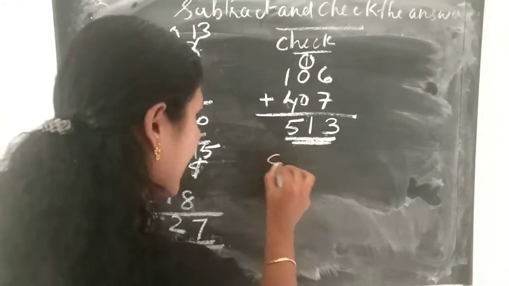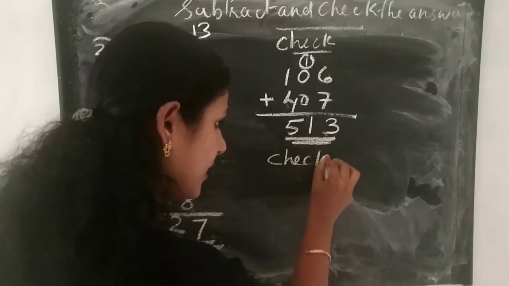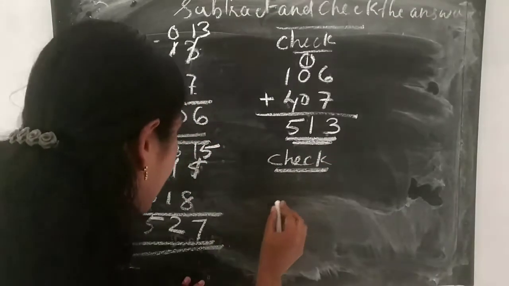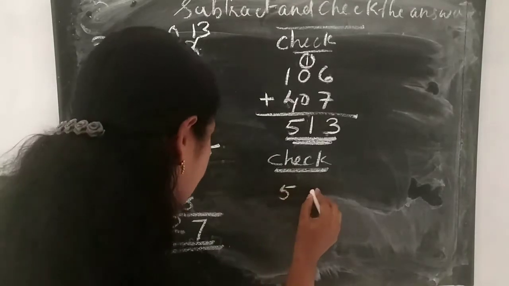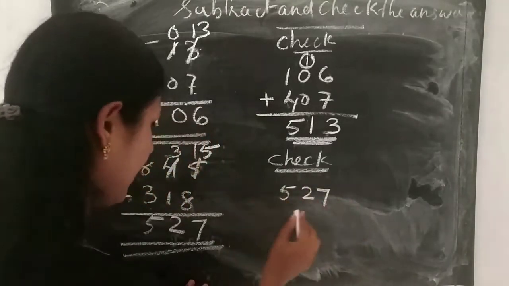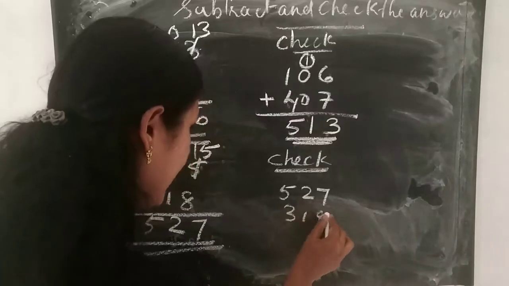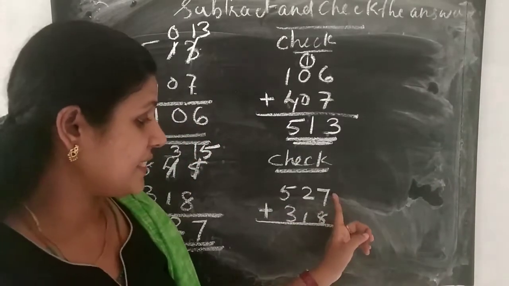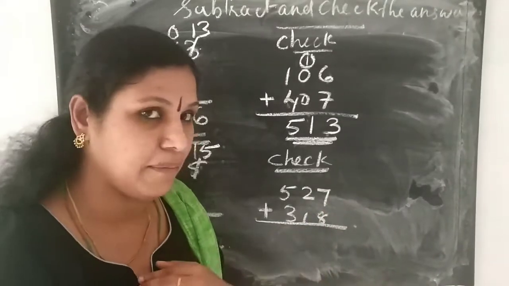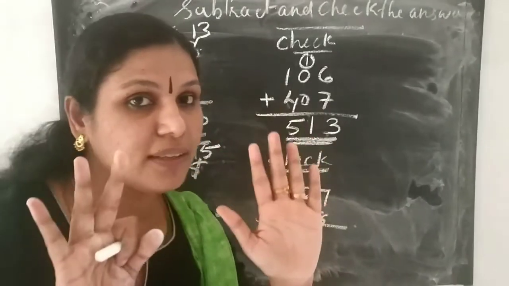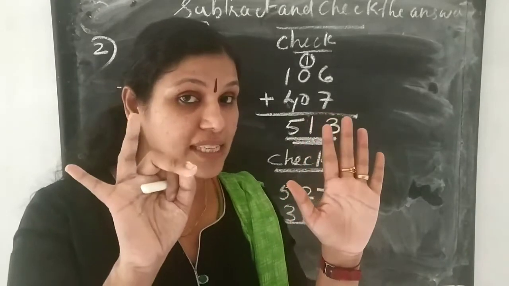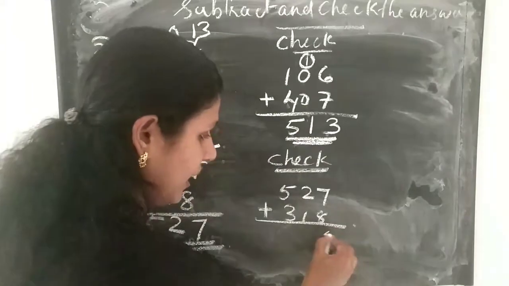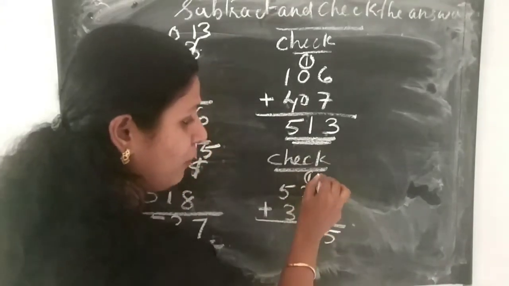Now next we write here check. Our difference is 527 plus 318. That is 7 plus 8. 7 in the mind and 8 in the fingers. After 7: 8, 9, 10, 11, 12, 13, 14, 15. 15, carry over 1.